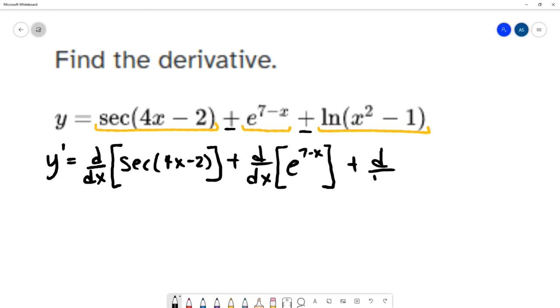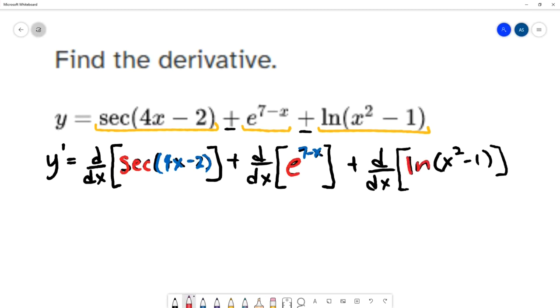And then when I want to calculate the derivative of each one of these terms, I have to notice that these are the composition of two functions. So this first term has an outside function of secant and an inside function of 4x minus 2. And then we have the outside function being e and the inside function being 7 minus x.